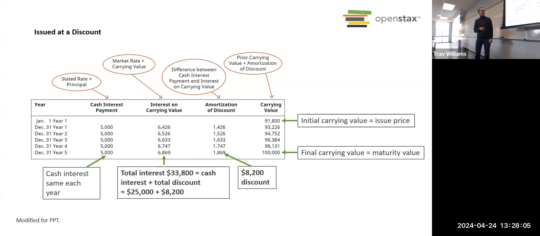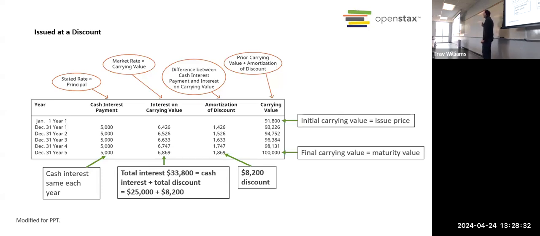If the bond had been issued at a discount, again, if it was $100,000 face value at 5% interest per year, it's the same $25,000 that would be paid out to the investors. But because this bond was sold at a discount for less than the face value, you see how the carrying value is increasing until it gets to the face value.